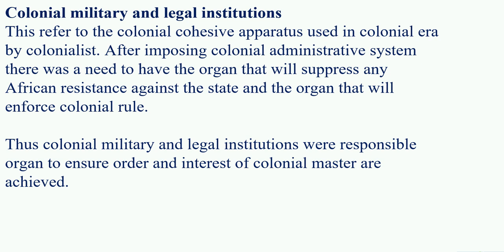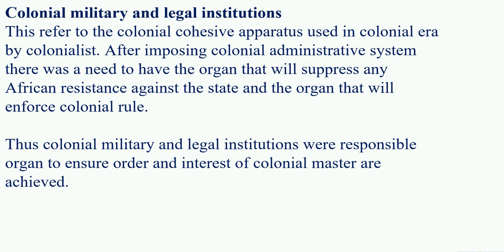After imposing colonial administrative systems, there was a need to have an organ that would suppress any African resistance against the state, and an organ that would enforce colonial rule. So the coercive apparatus, colonial military and legal institutions, were set mainly to suppress African resistance and to implement the interests of the colonial masters or colonial government.